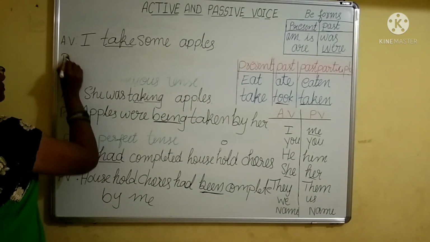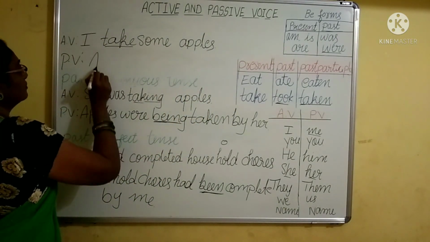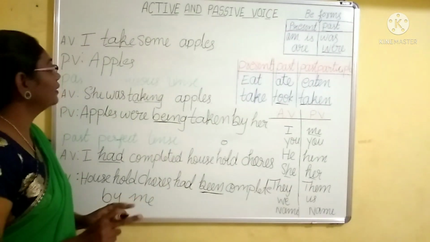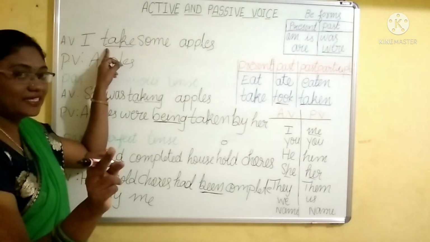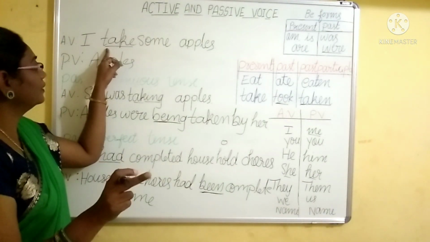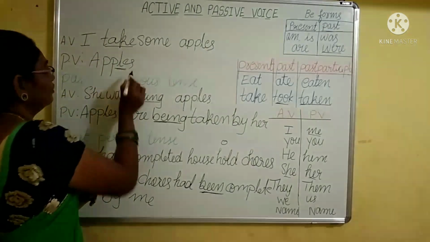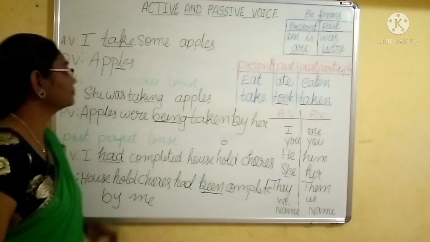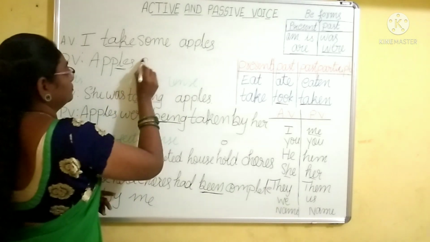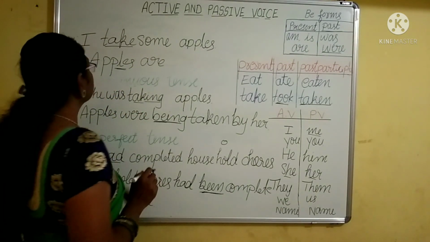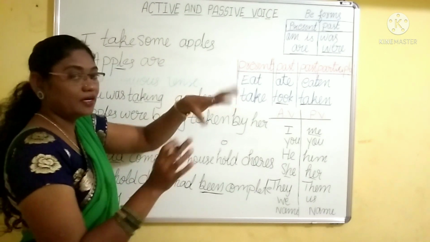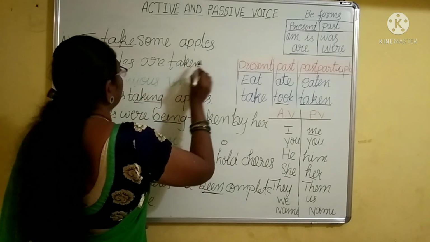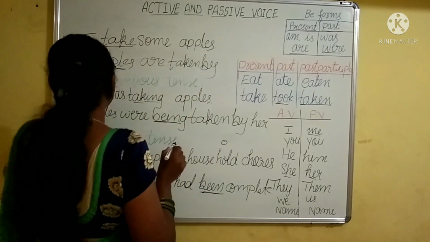As usual, apples. Now present helping verb, and here apples. You look at this subject and go to the present be form: apples are. Again, take will become taken. Taken by me.